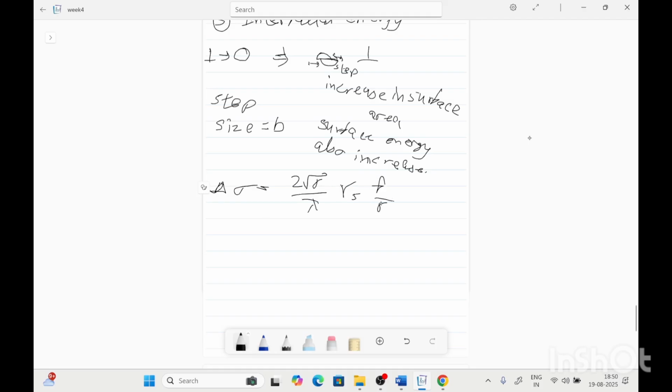So gamma s is the surface energy created between particle and matrix.